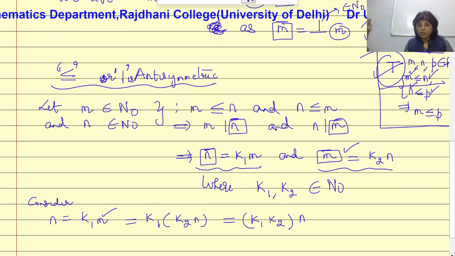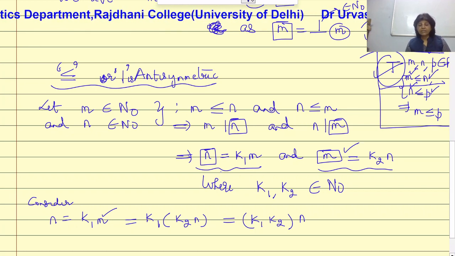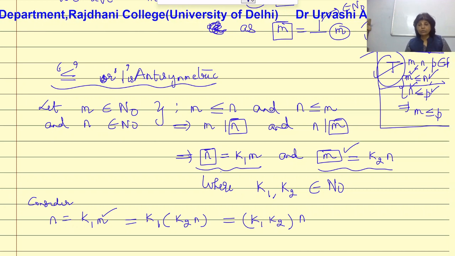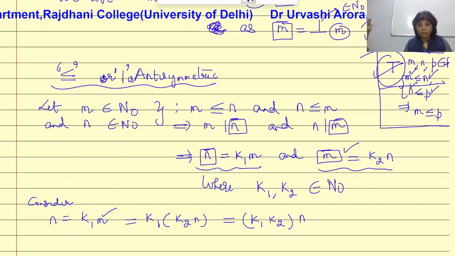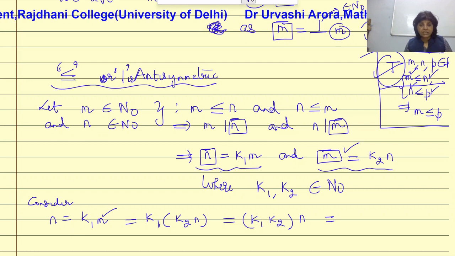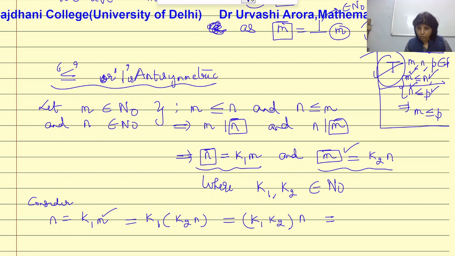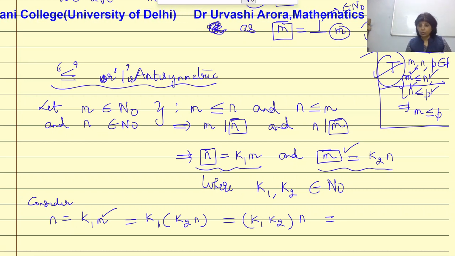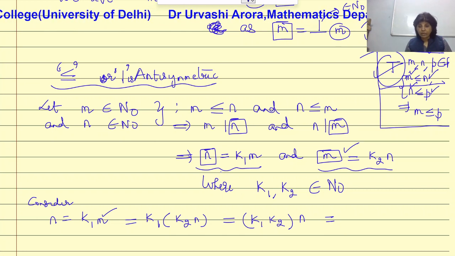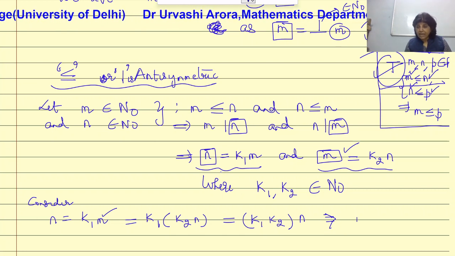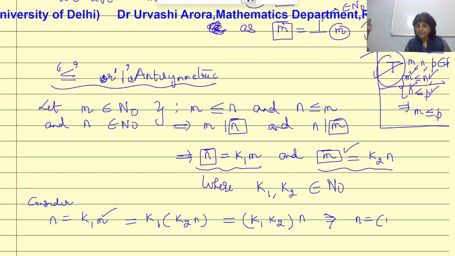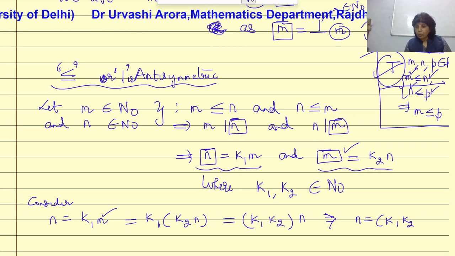I am changing the order of the brackets because everything is coming from the set of whole numbers, and associativity holds in the set of whole numbers. So you can change the order of the brackets. So you can either write k1 into k2 n, or you can write k1 k2 into n, and so this is what we have. So this finally implies that I have been able to write n as k1 k2 into n.